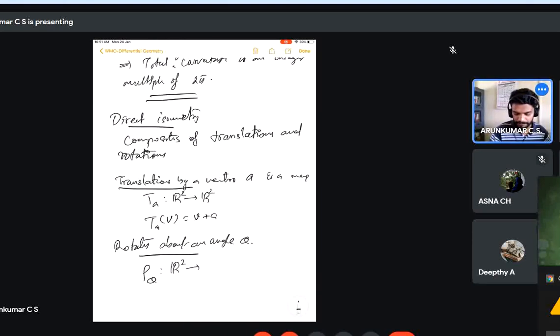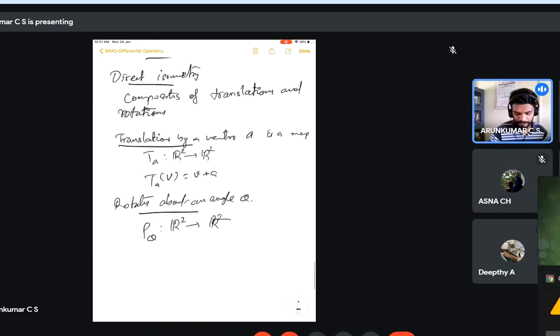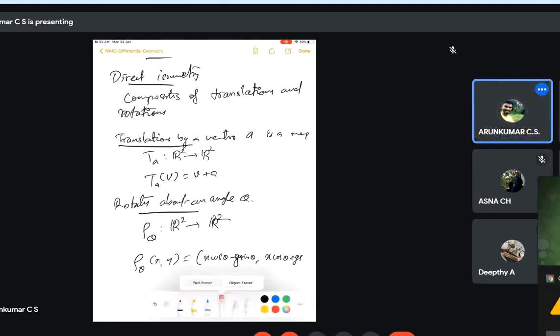R2 to R2, given by rho theta of the ordered pair (x, y) is equal to (x cos theta minus y sin theta, x sin theta plus y cos theta).